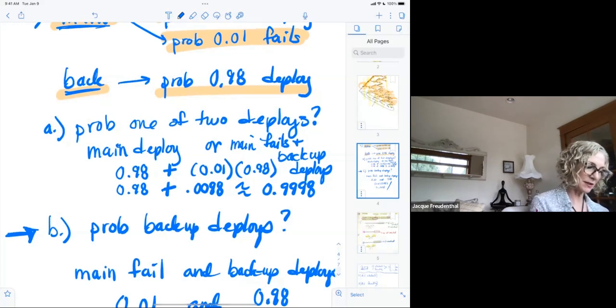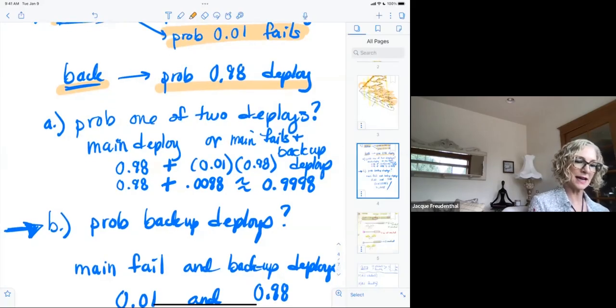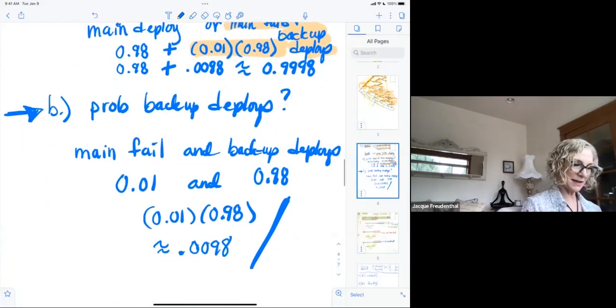Okay, so for this one, it was just easier to think about part B first, because we were able to use that idea in either the main deploys or the backup deploys. Okay, let's move on. Going on to number 7 now.